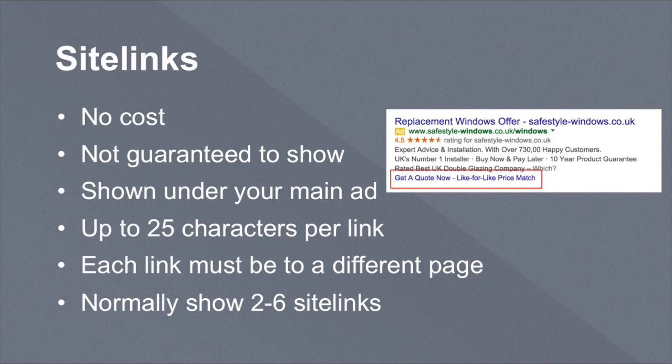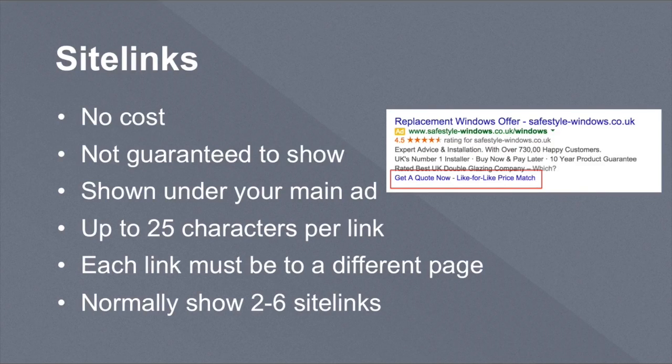So understand that we can create them, we can do all the setup work, we cannot guarantee how many site links will show at all, or any extension for that matter. So I'm not going to repeat that in every single session about extensions. The same rules apply. There is no cost and no guarantee.